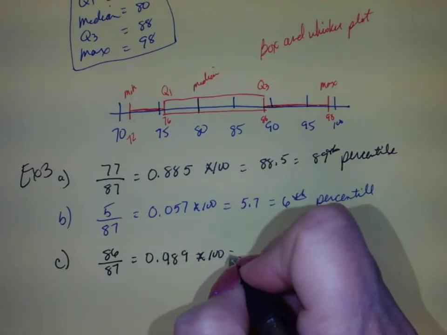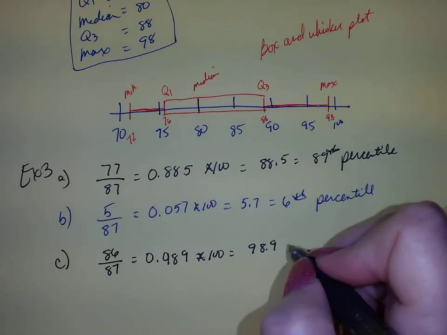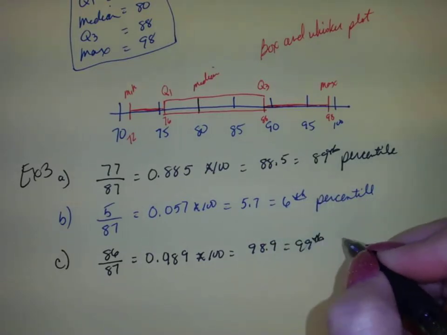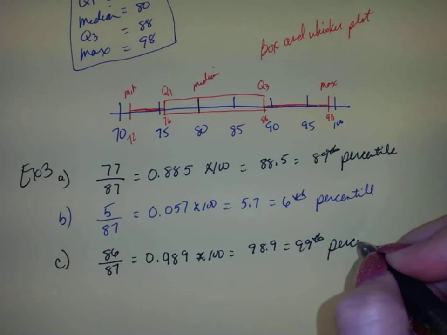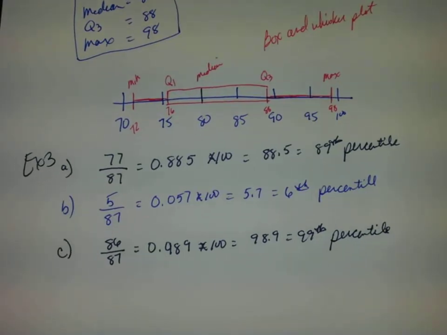And if we multiply that by 100, it'll be 98.9. So 99th percentile. So being 80 put her in the very, very top category. Okay?